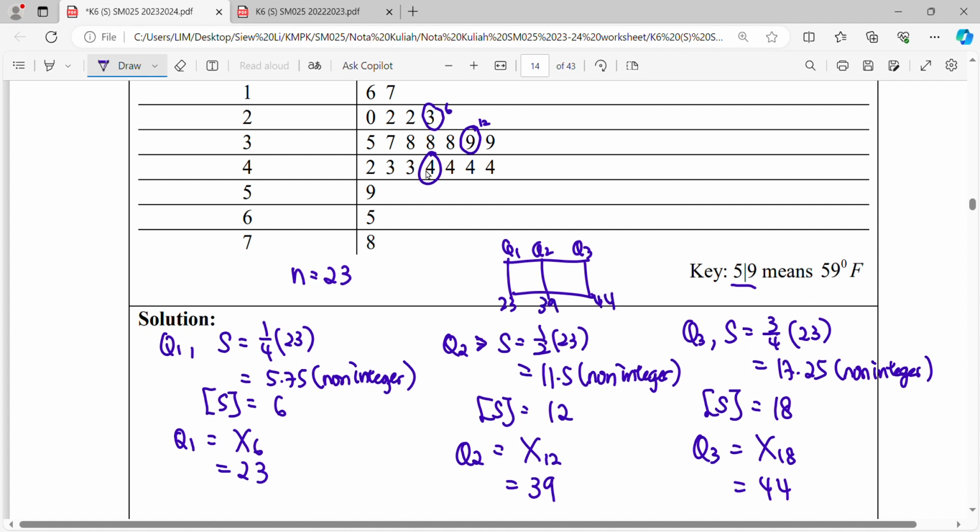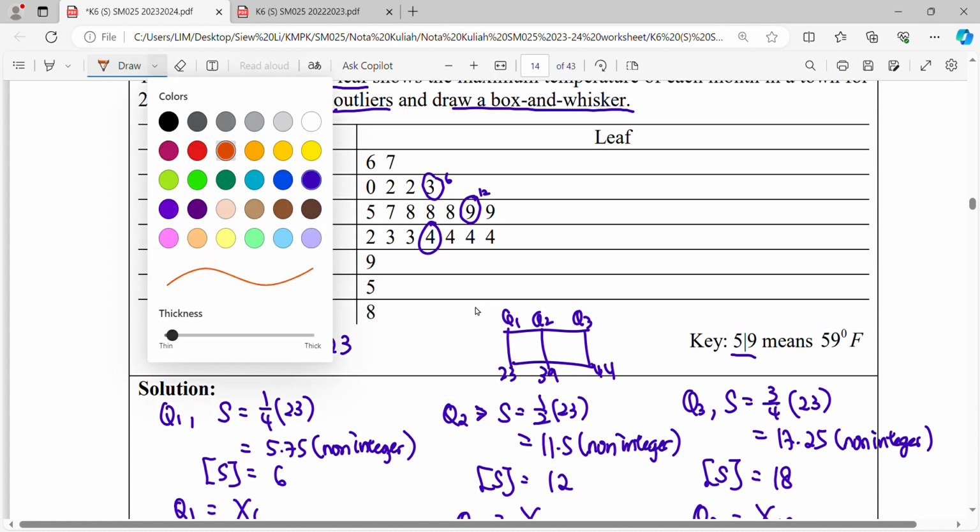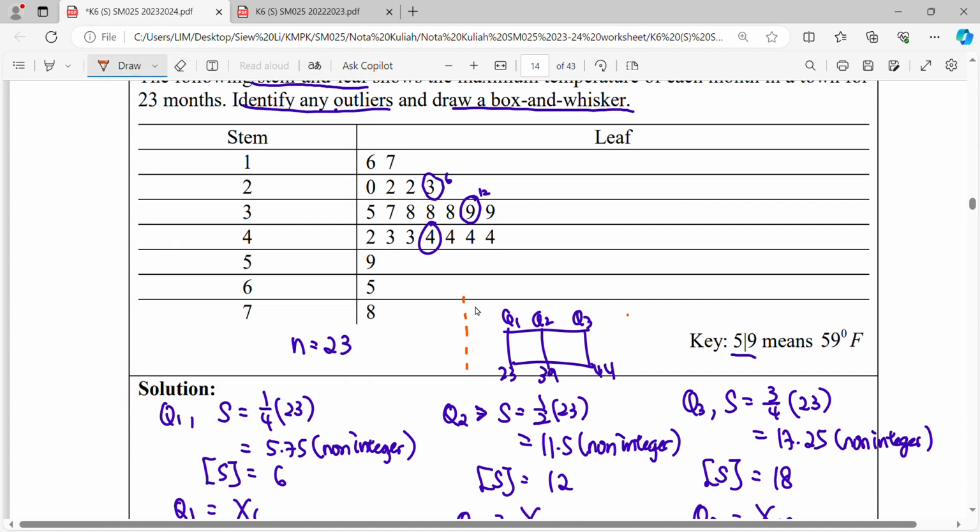So after we know the box, right, we continue to identify the fence. We can observe this is the minimum and this is the maximum already. So we identify the fence first so that we see whether we have outliers or not, whether any data is beyond the fence or not.